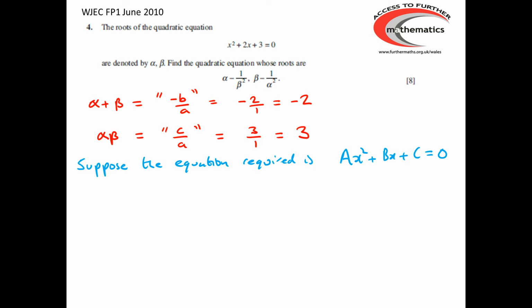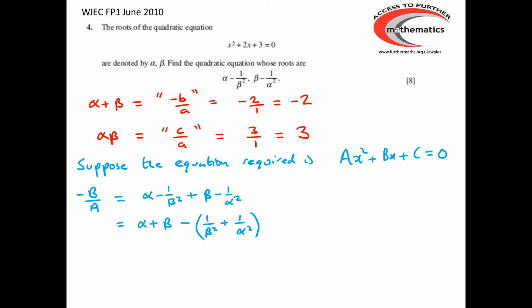Now, we know the roots of the equation are alpha minus 1 over beta squared and beta minus 1 over alpha squared. So the sum of the roots must be minus B over A. So alpha minus 1 over beta squared plus beta minus 1 over alpha squared must equal minus B over A. Let's tidy that up slightly.